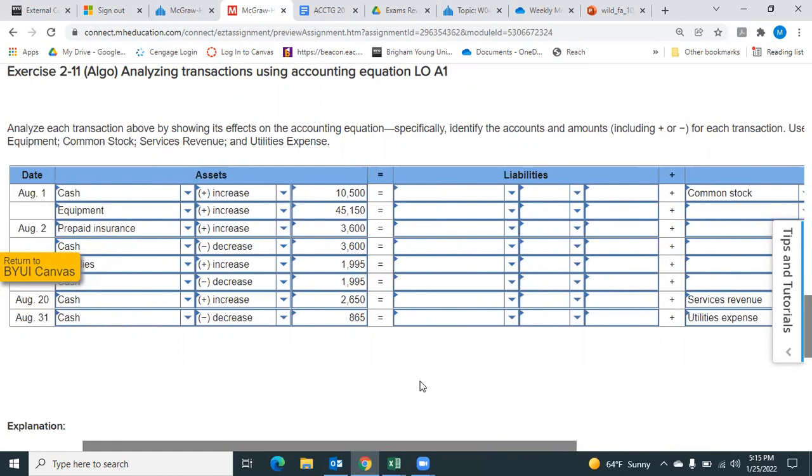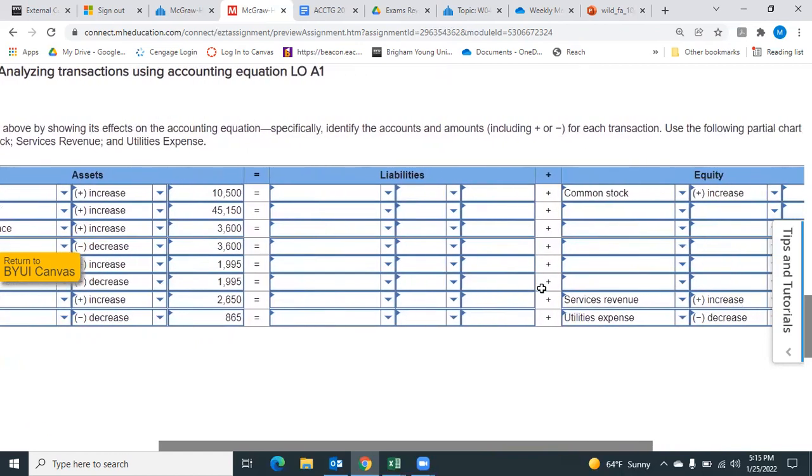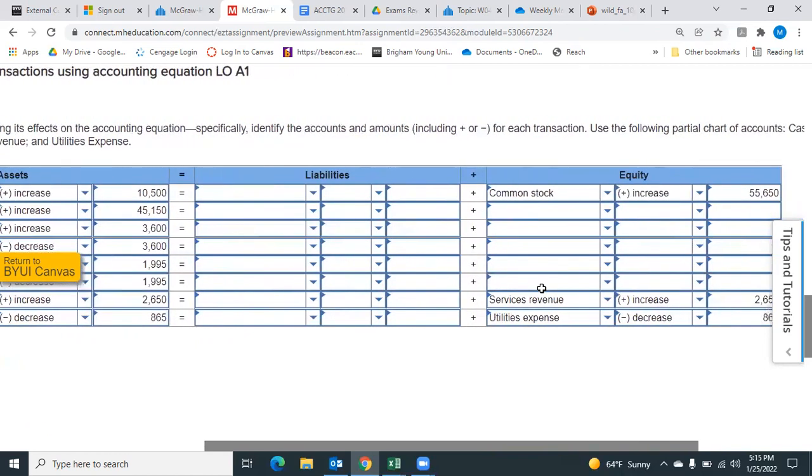So that's supposed to, when I put common stock for my equity, and then I say it increases equity.